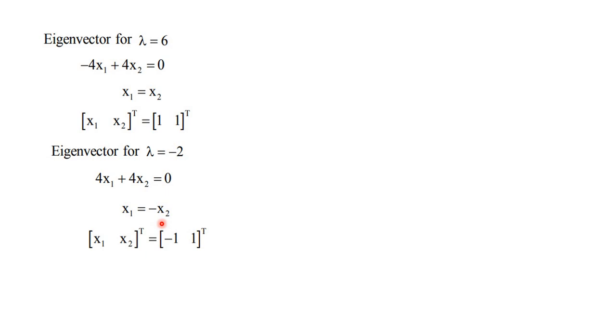Take x2 is equal to 1, we have x1 is equal to minus 1. We have the eigenvector x1, x2 is equal to minus 1, 1. So the eigenvector for lambda equal to 6 is 1, 1, and the eigenvector for lambda equal to minus 2 is minus 1, 1.